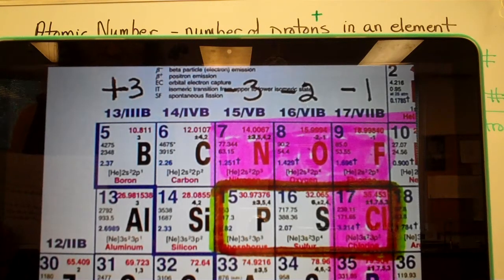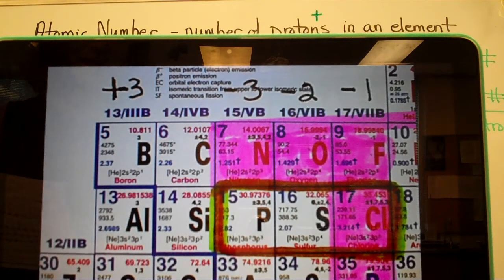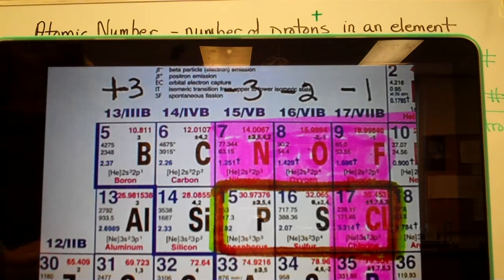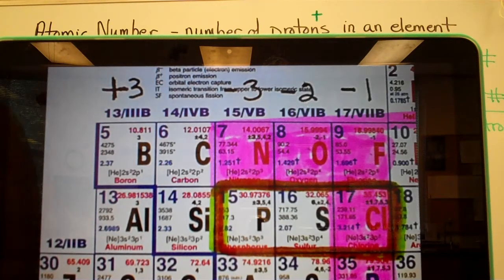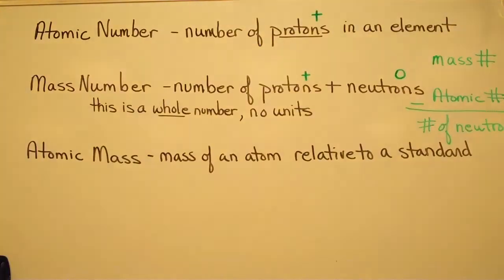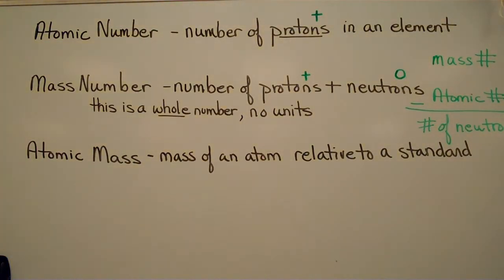So if we take 27 and subtract 13, for aluminum we have 14 neutrons. You can do this for any atom. So we now see that we have the number of protons, neutrons, and if we have a neutral atom, that's the same as the number of electrons.